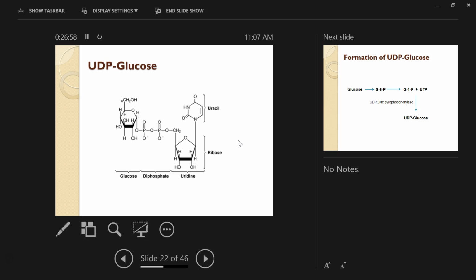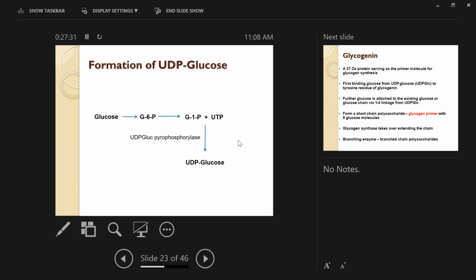Basically, the function of UDP in glycogen synthesis is to carry glucose to the glycogen synthesis site. So glucose can't just freely go to the synthesis site, they need a UDP to carry them there, right?